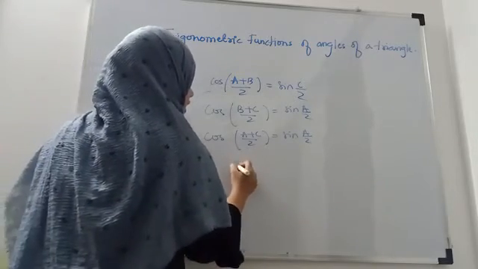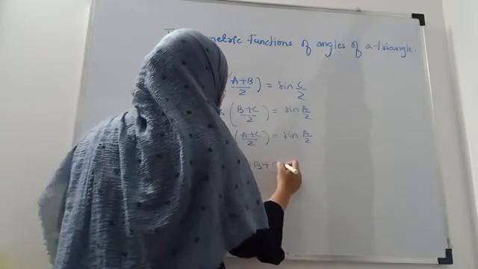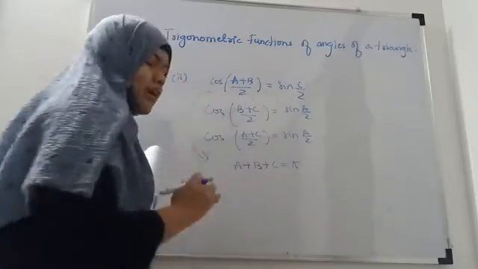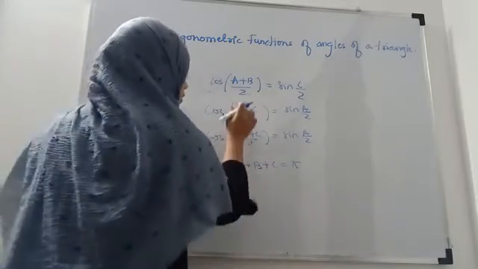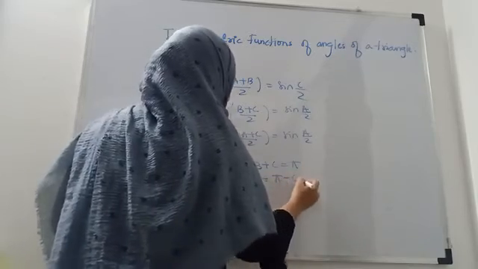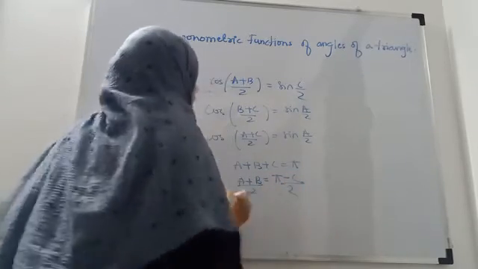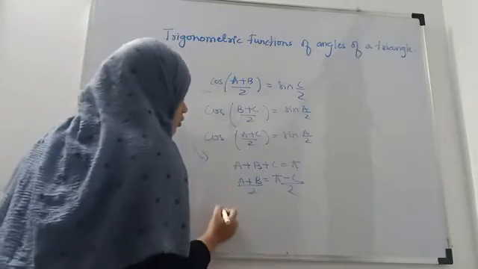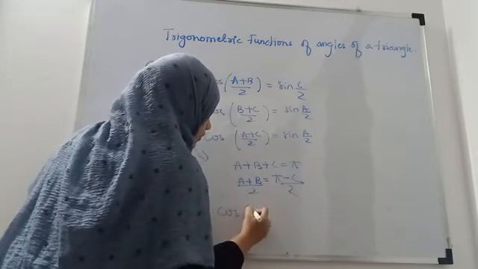Now we'll solve the first one, and the second and third ones are for your homework. So we'll use again the same result: A plus B plus C is equal to pi. We require only A plus B, so it is equal to (pi minus C) divided by 2. Now apply cosine on both sides.